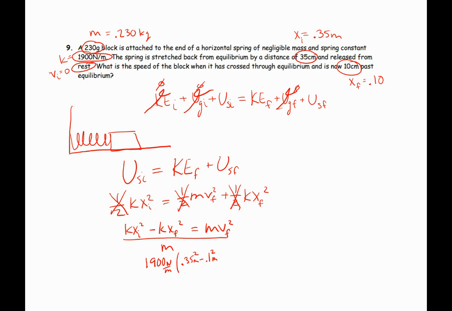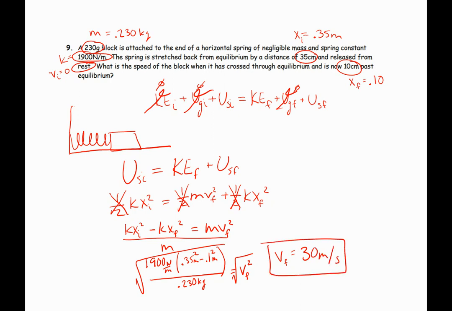I want to make sure that I always double check that squaring and then divide that by my mass, which is 0.230 kilograms, is equal to V final squared. When I take the square root of both sides, I end up getting that my V final in this situation is going to be 30 meters per second. V final equals 30 meters per second.